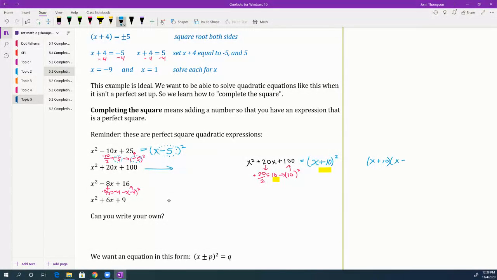And then when I multiply that all out, I'd get back to the original expression that I have written in black. So take a minute, pause this, and see if you can rewrite these last two in factored form.